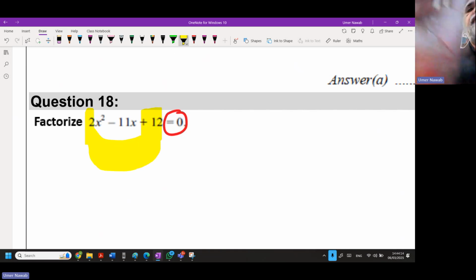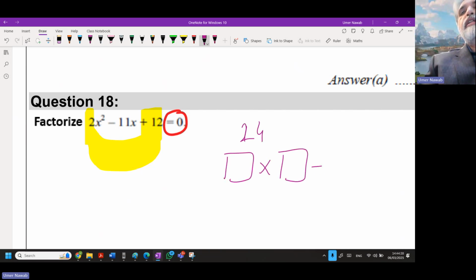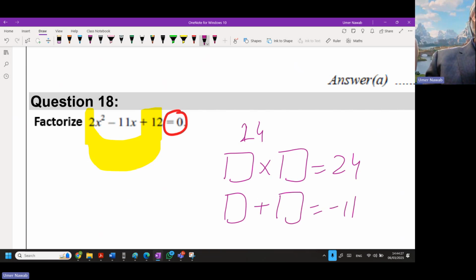So now 2 multiplied with the 12 is going to give you 24, guys. Now I need to think of the two numbers. When we multiply them, it should get 24. And if you add them, guys, it should get negative 11. So those two numbers are, what do you think, guys?